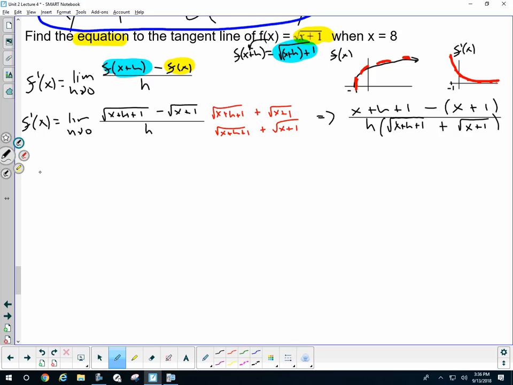Okay? We can go from there. This negative sign can be distributed. We see that the x's cancel and the 1's cancel, leaving me with just the h. We have multiplication, simplification's friend. We have 1 over.